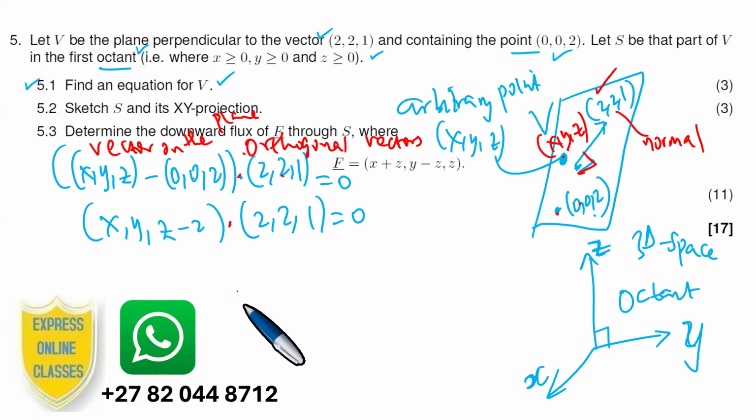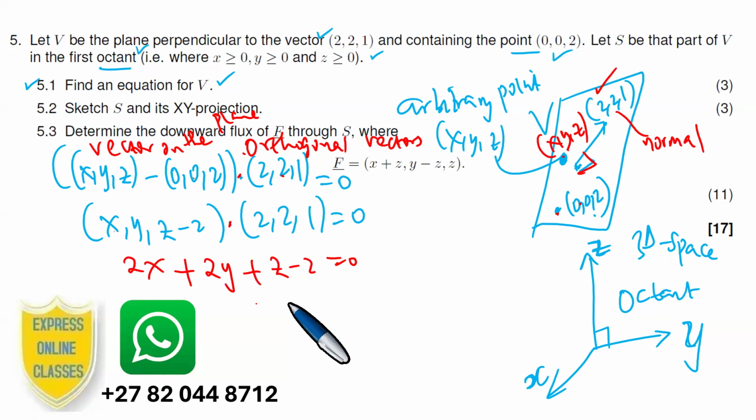Now we do component-wise multiplication: 2x, 2y, z minus (2), which means 2x plus 2y plus z equals 2.